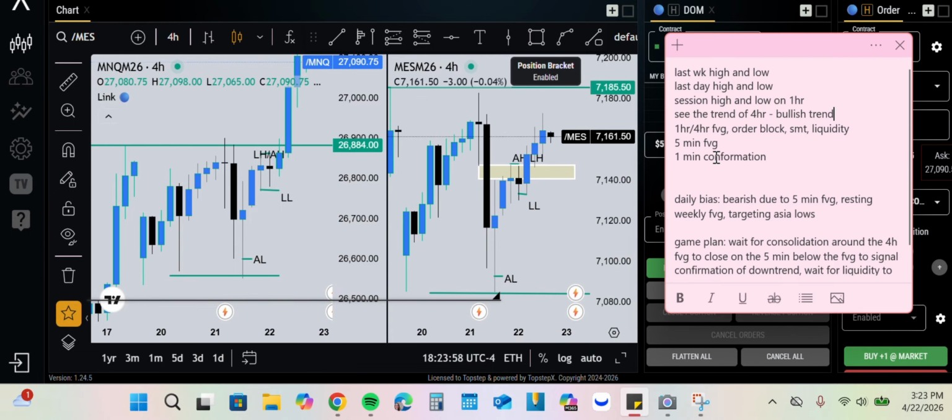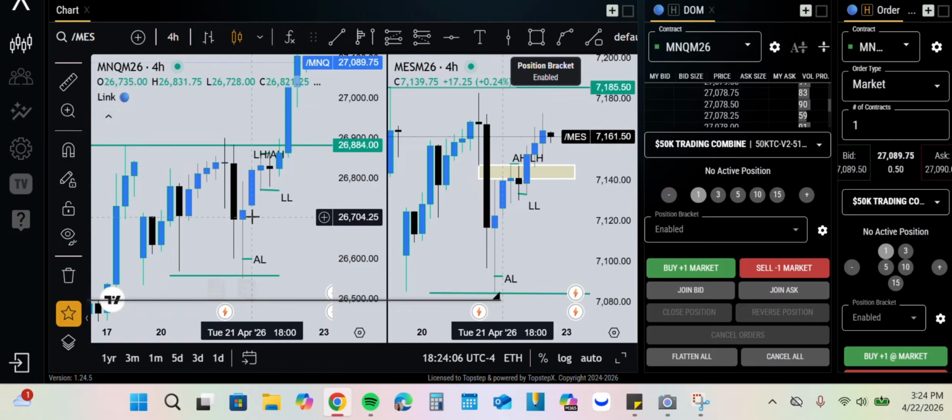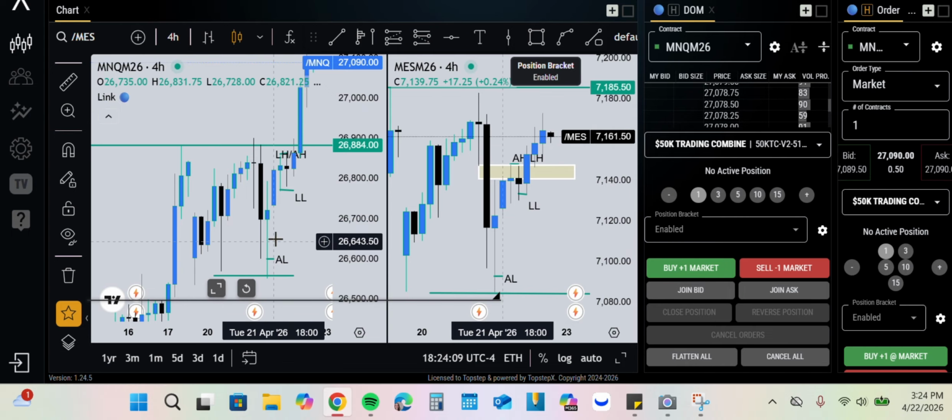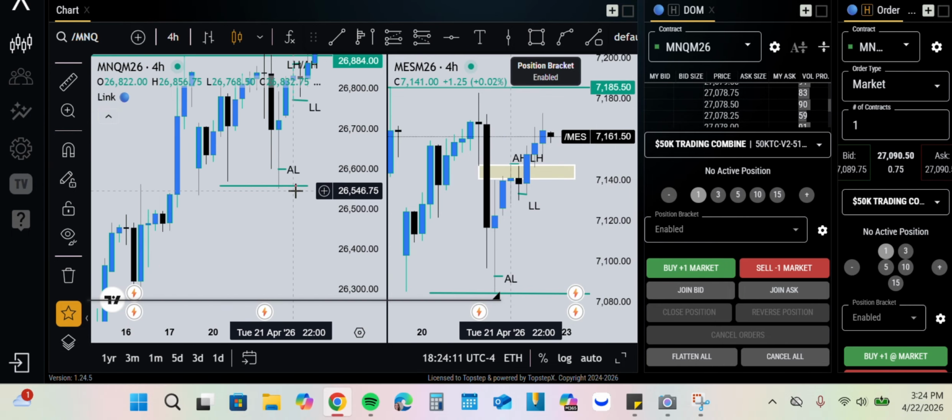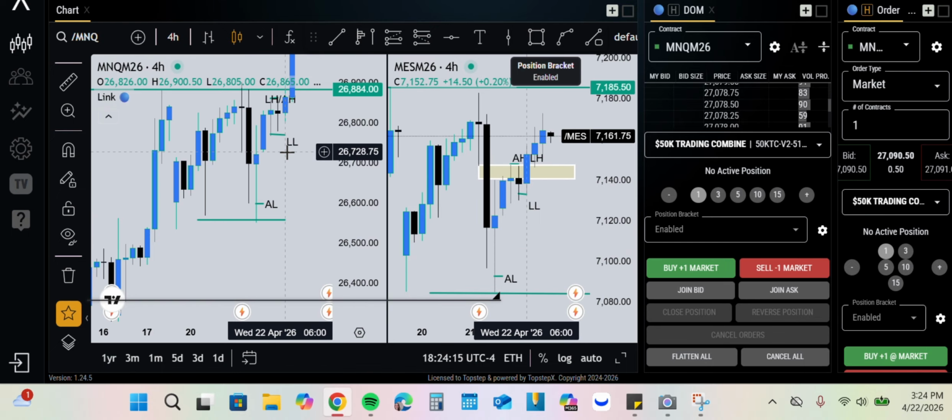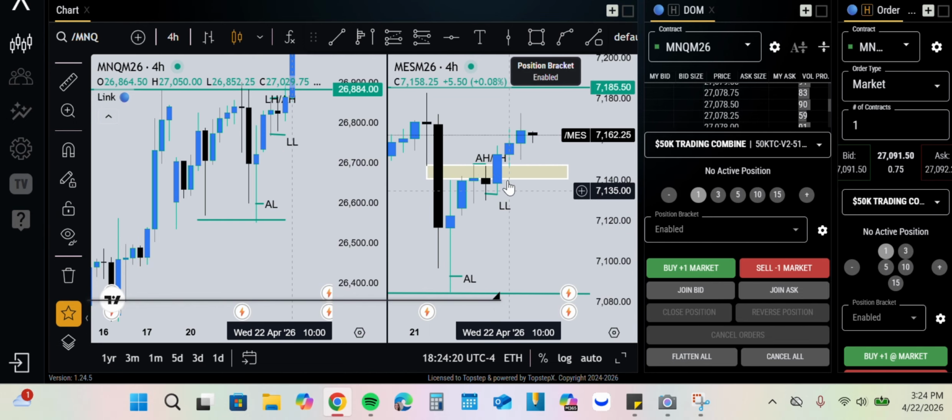Now let's look if we have any order blocks, SMTs, or signs of liquidity, draws on liquidity. Well, none of these candles were here, right? We had draws on liquidity at Asia lows. So one of my biases was if we went below this, when market opened, we were teetering in this fair value gap.